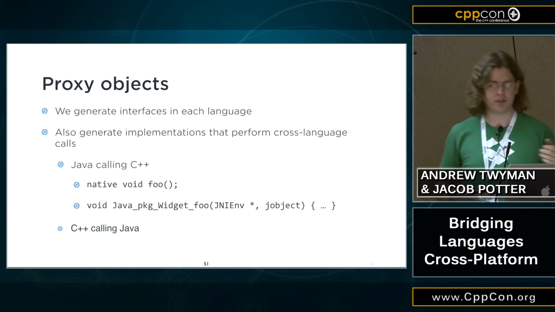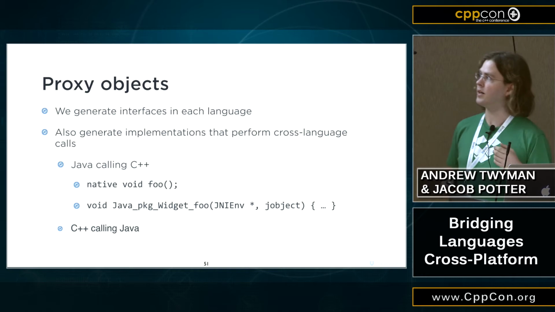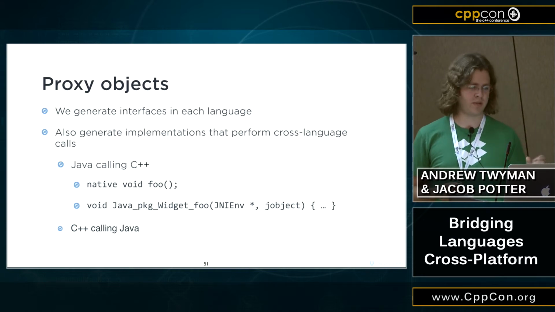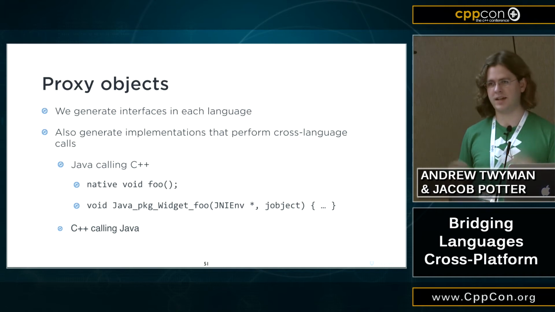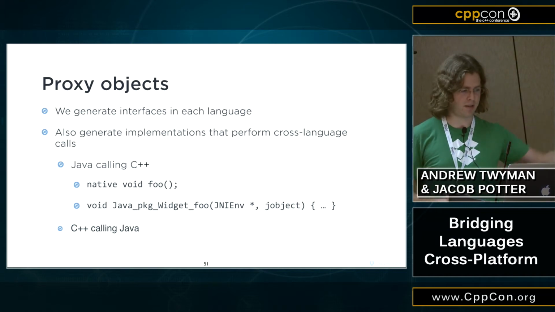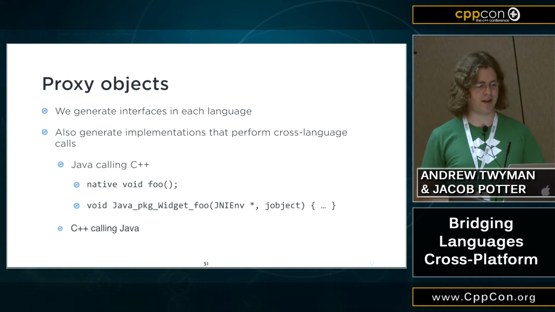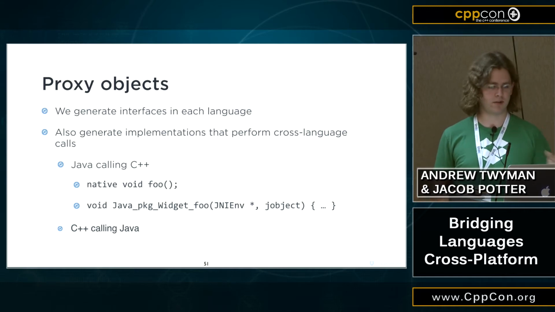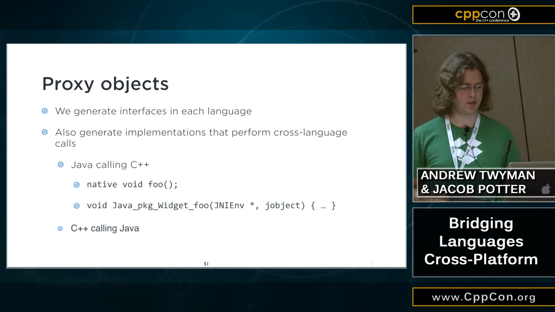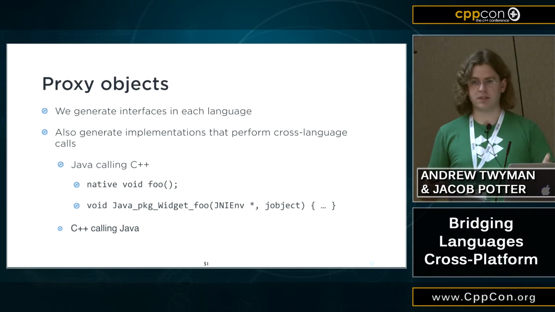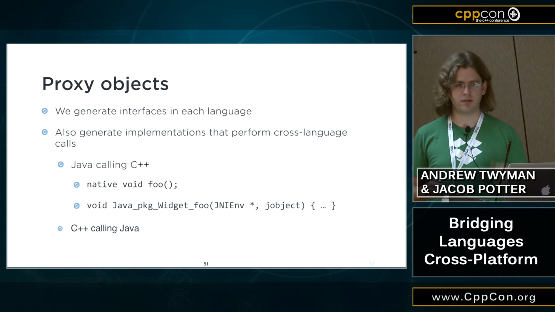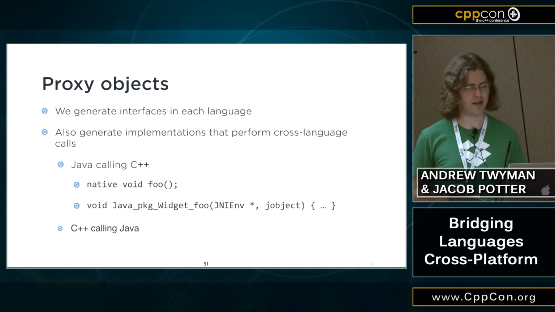So for the example of Java calling into C++, we have a Java object with a native member function, which means, hey, JVM, if you do a dynamic symbol lookup, you should find this native C++, or C rather, function, under your package and so on. For C++ calling Java, it's something very similar. In the other direction, there's a call object method or call void method, et cetera.